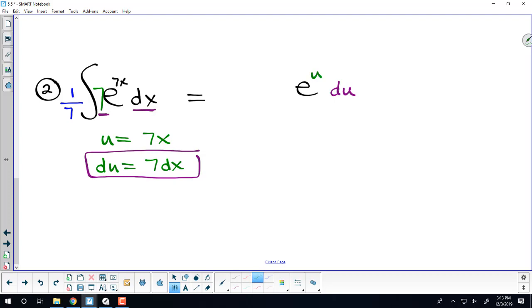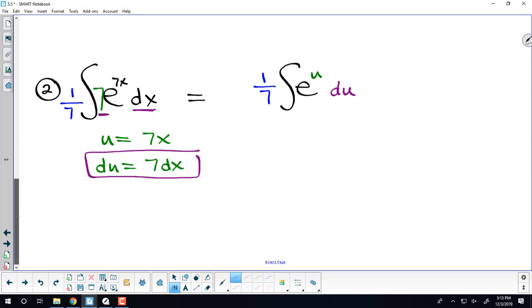And then I still have this 1/7 hanging out times the antiderivative of that. So the only thing I accounted for was the 7x and the power of e as my u. I saw that the derivative was 7 dx. I didn't have a 7, but I put a 7 in there and multiplied it by 1/7. Is that okay?